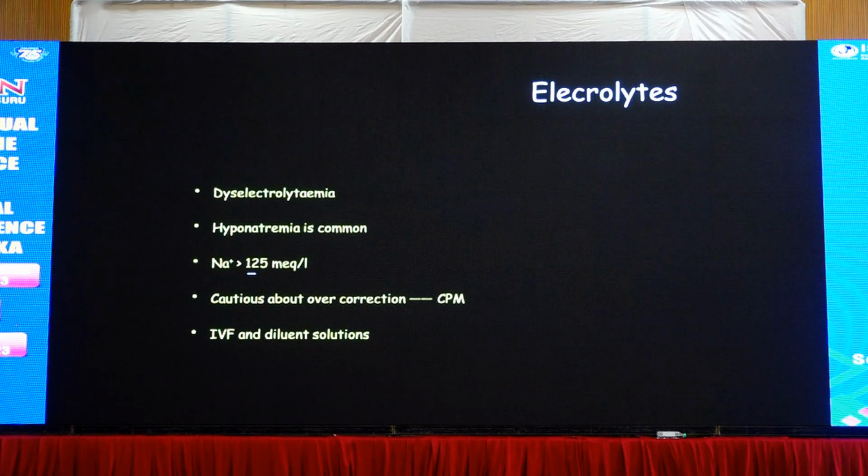You have to be extremely cautious in such borderline cases because you don't want the sodium to get overcorrected and the patient developing central pontine myelinolysis. So you need to choose the IV fluids and diluent solutions appropriately, because we use a lot of infusions, a lot of drugs are given as infusions, and you use a lot of diluent solutions. So make sure that the IV fluids and diluent solutions you use are absolutely correct. You don't want the sodium to get overcorrected.